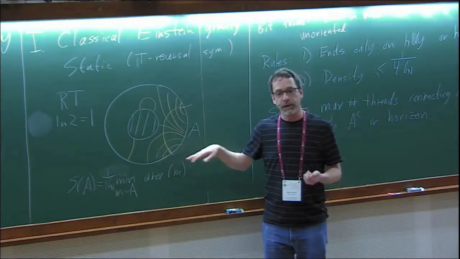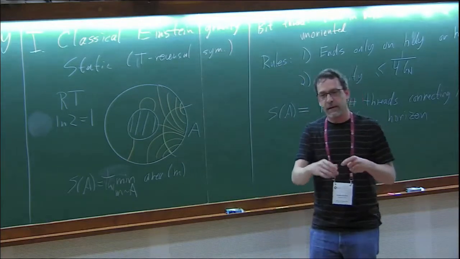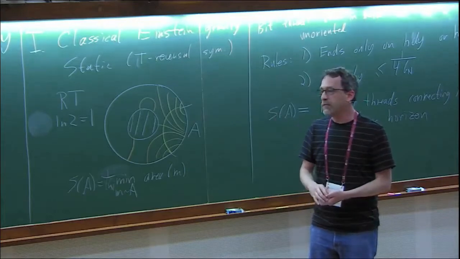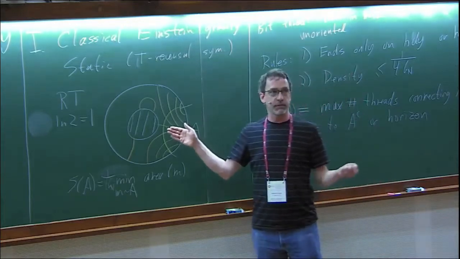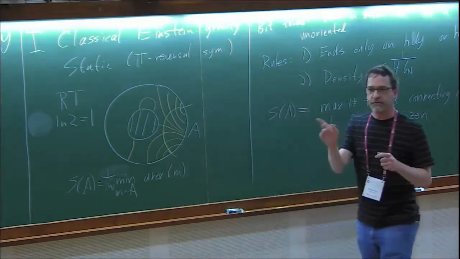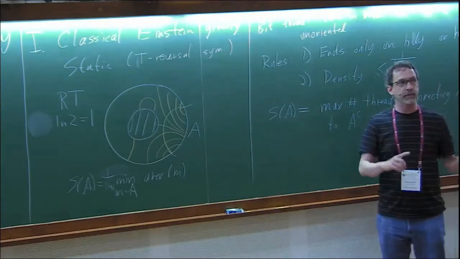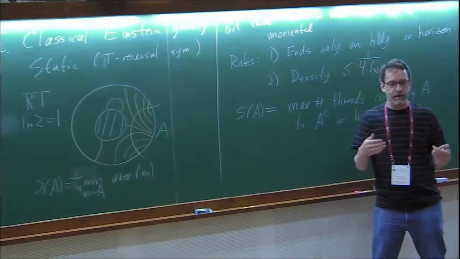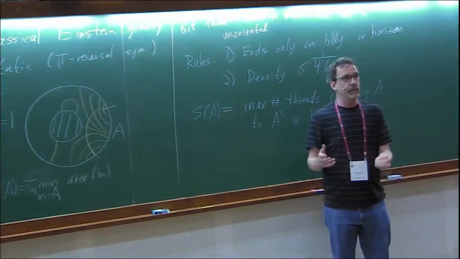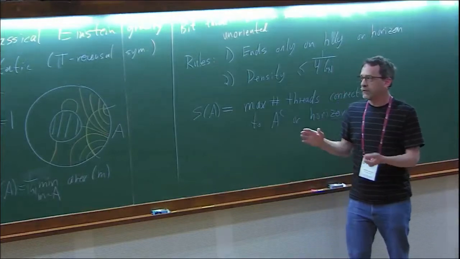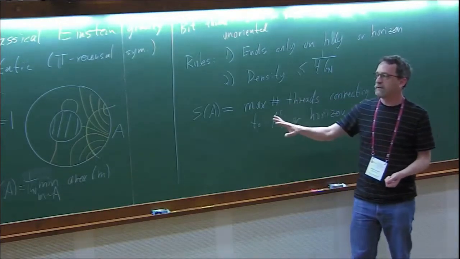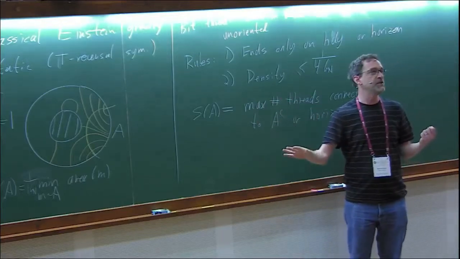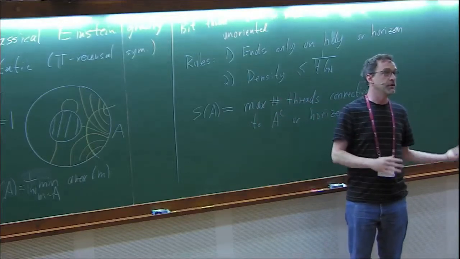But there are specific answers like entanglement of purification and entanglement of distillation, and some of those might be given by particular choices of threads. There's a story relating bit threads to entanglement of purification, and recent work with a conjecture about holographic entanglement of purification. The only thing I want to say, because I don't want to give a talk on that, is that the story about holographic entanglement of purification has a very natural bit thread version also.